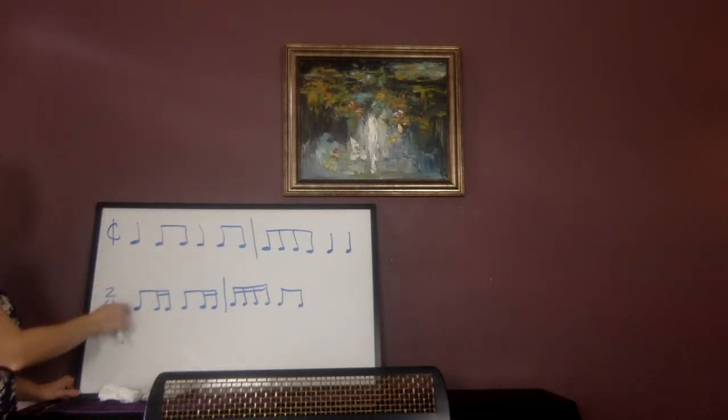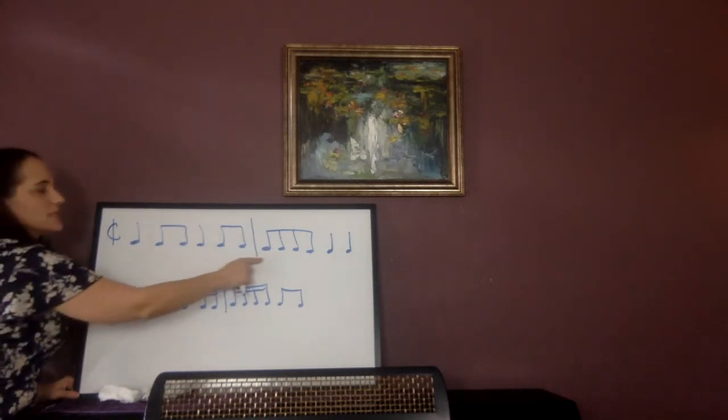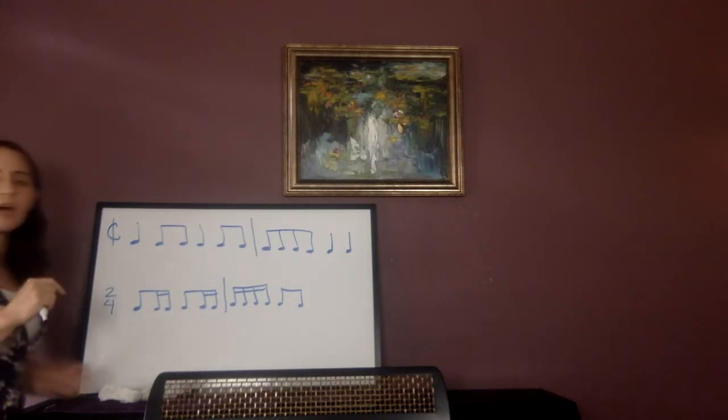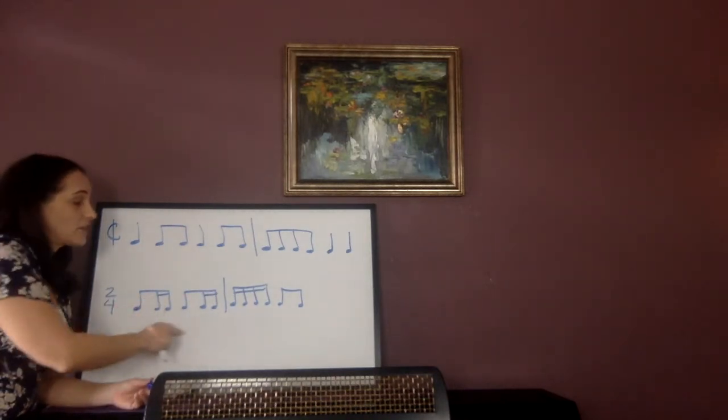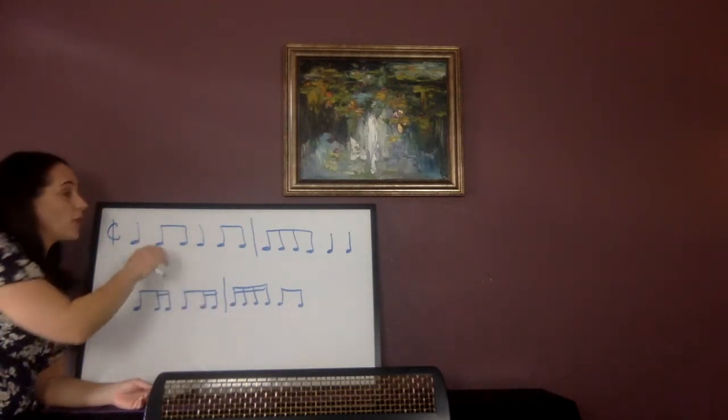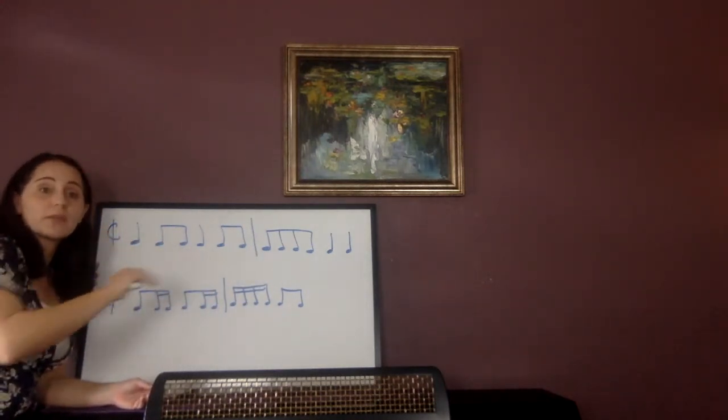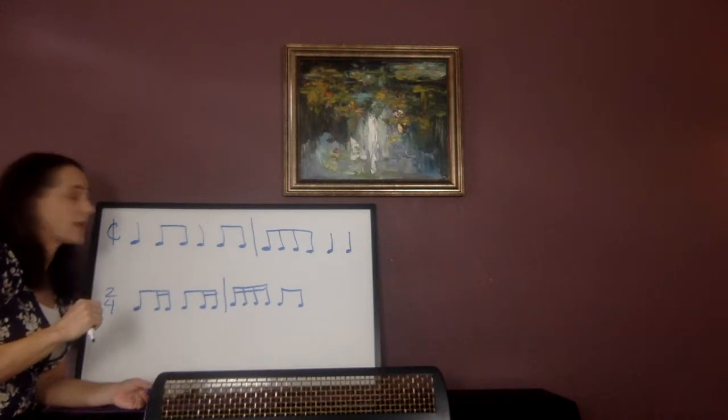So really, this is the same thing, okay? You might start to see why a composer might use this. If you have a lot of eighth notes, a lot of 16th notes in a song, it can get kind of cumbersome to see all of this stuff. Writing it out here makes it a lot easier to read, okay?